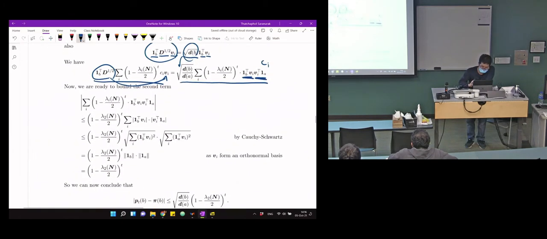All right. And now it's just some algebraic steps, I will just skip. The point is that we assume that it starts at vertex A.